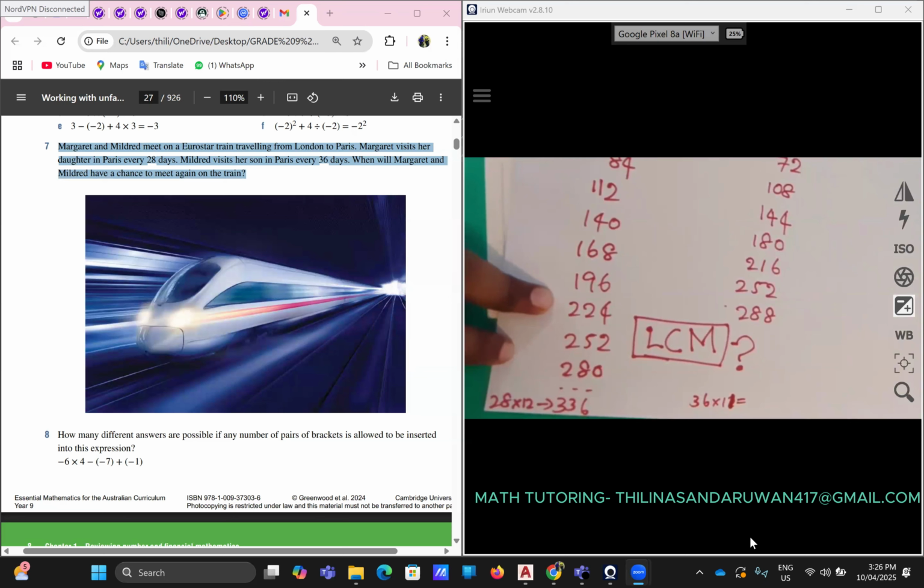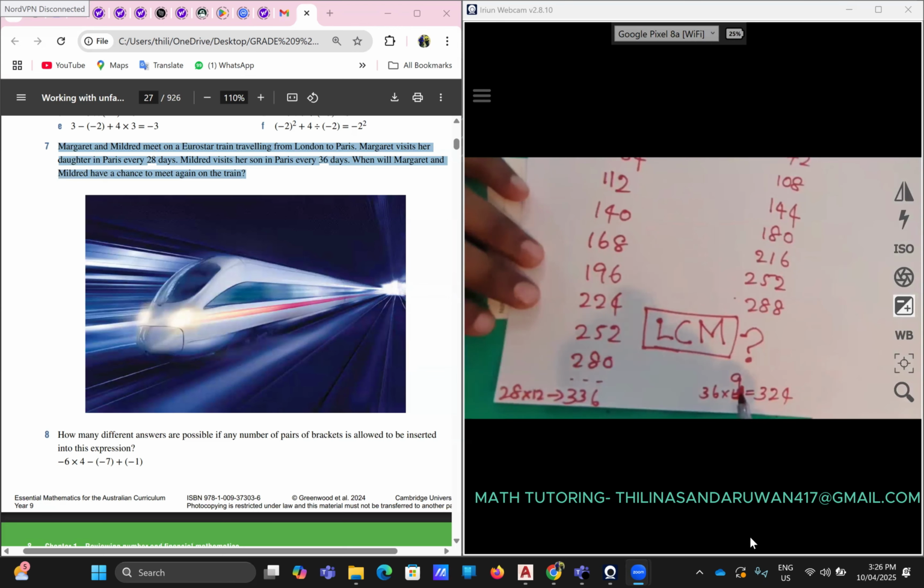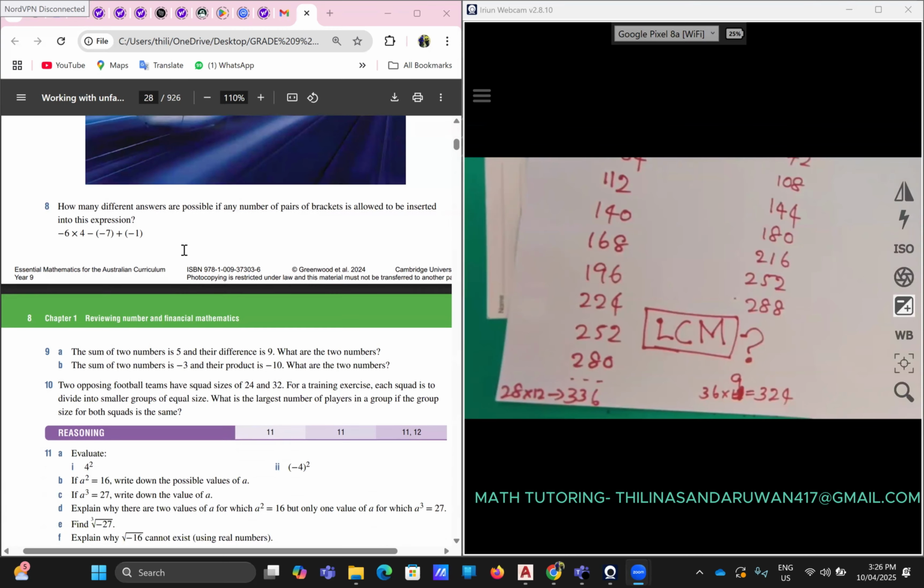Let's say 36 by 9, 324. Oops, it's not even close. So I think you have to keep going doing this and find a common multiple. I will leave it for you and move to the next question.